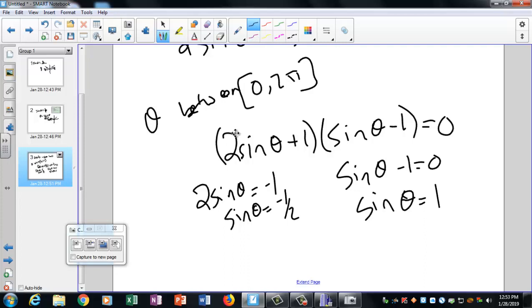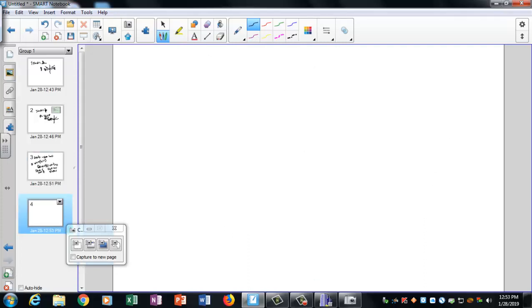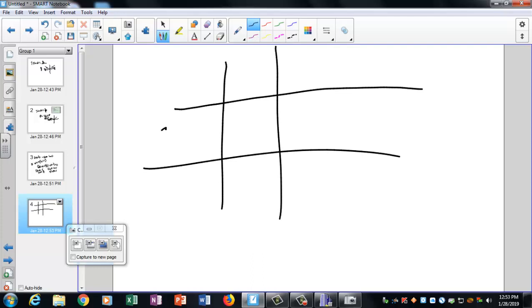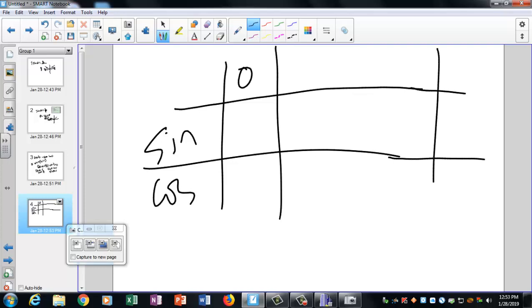Okay. Now, when is sine theta equal to 1? Well, again, if I've done anything this term, please learn this chart. I don't know about you, but I'm getting kind of tired of writing it. Some of y'all are going, you ain't written it enough yet.